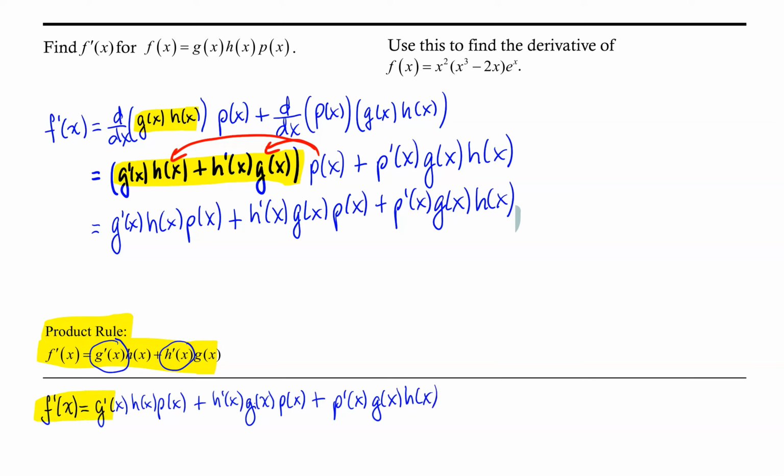So this provides us a rule that can be applied when we have three factors in our function. And in fact, this same process can be extended to functions who have more than three factors.